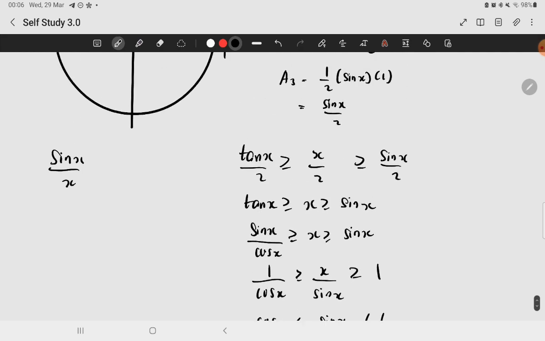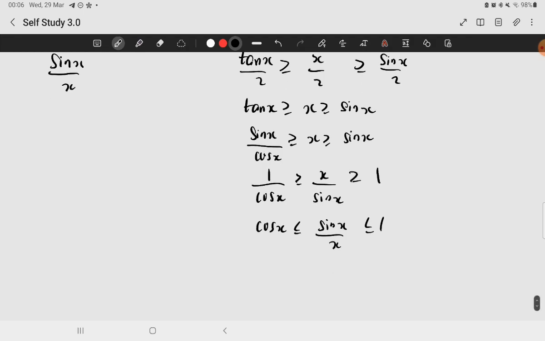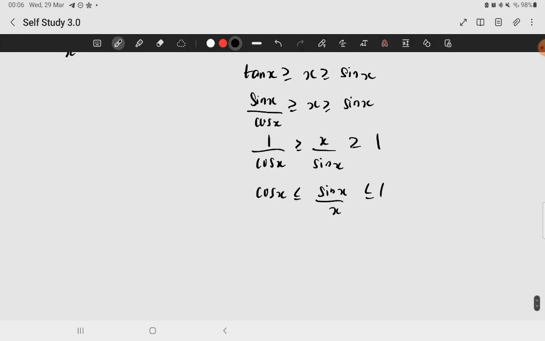So now, to obtain the limit as x tends to 0 for sine of x over x, we will be using the theorem that I mentioned, which is the squeeze theorem or sandwich theorem. So how do we obtain it? Well, first we have to evaluate the limit for cosine of x and 1. So as x tends to 0 for cosine of x, you obtain 1, and this is equivalent to as x tends to 0 for 1.